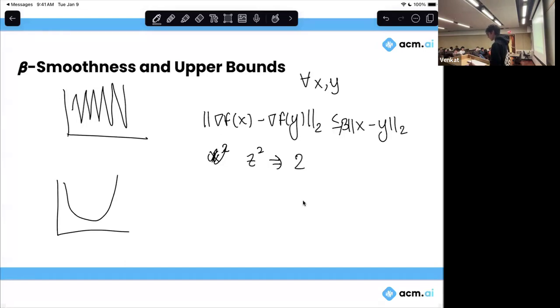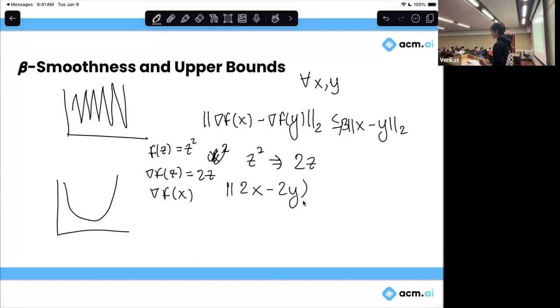Now remember x and y are just 2 arbitrary points, so let's plug into this equation. If we say f(z) = z squared, the gradient of f(z) is equal to 2z. That means the gradient of f(x) must be 2x, and this is just going to be 2y. And this should be less than or equal to beta multiplied by |x minus y|.